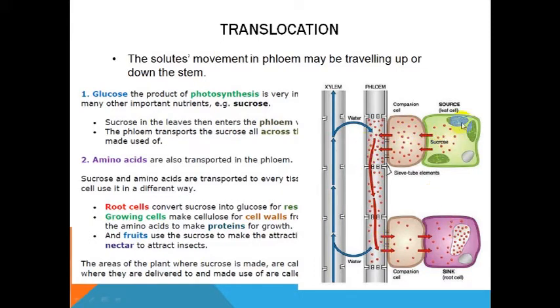The source is the place where sucrose is made. It is transported into the companion cell in the phloem, and then the phloem will transport it down to any place that the plant wants to use it. For example, the sink as illustrated here is the root cell, the place where the sucrose is stored.